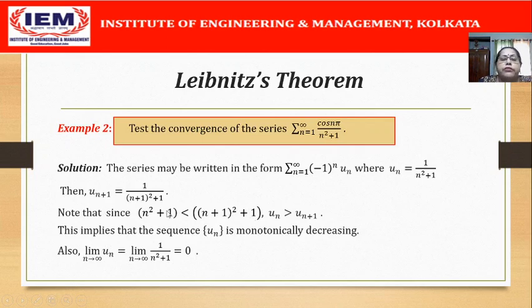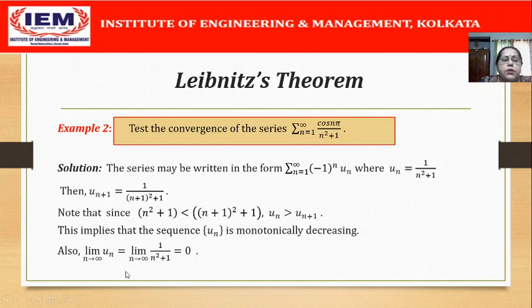And therefore, if we reciprocate these quantities, un, which is 1 by n square plus 1, will of course be greater than un plus 1, which is 1 by n plus 1 whole square plus 1. So this confirms that the sequence un is monotonically decreasing.